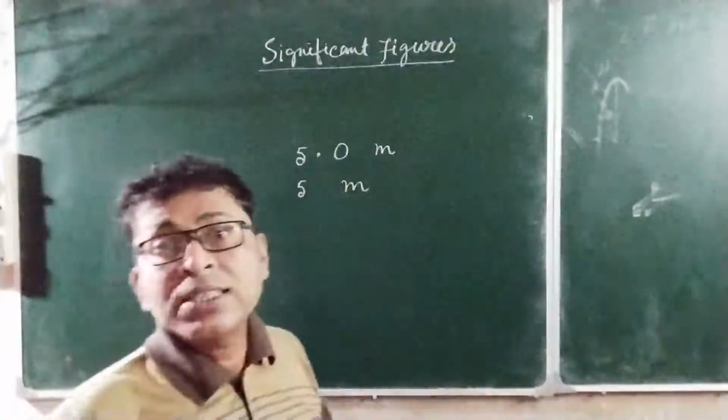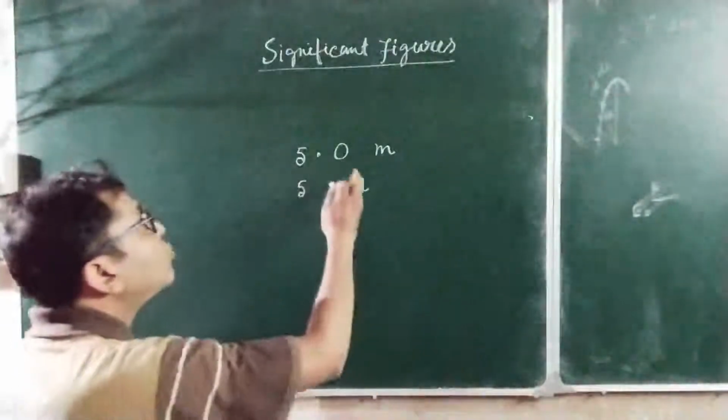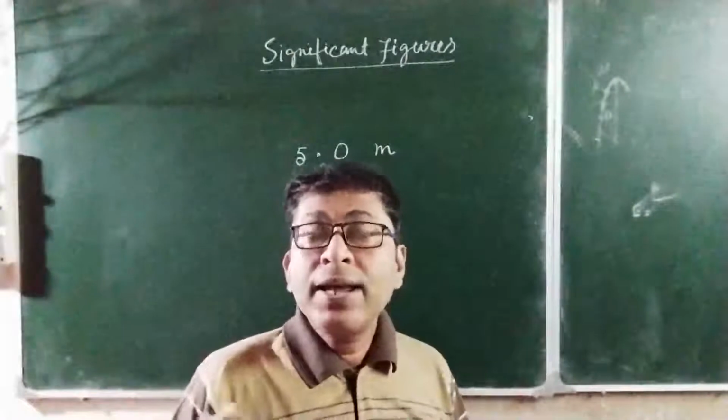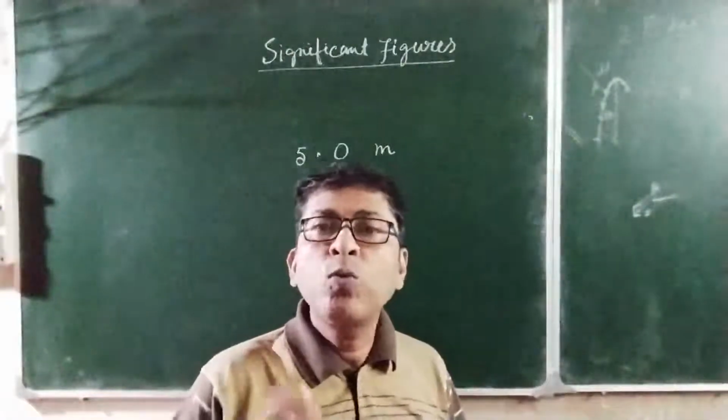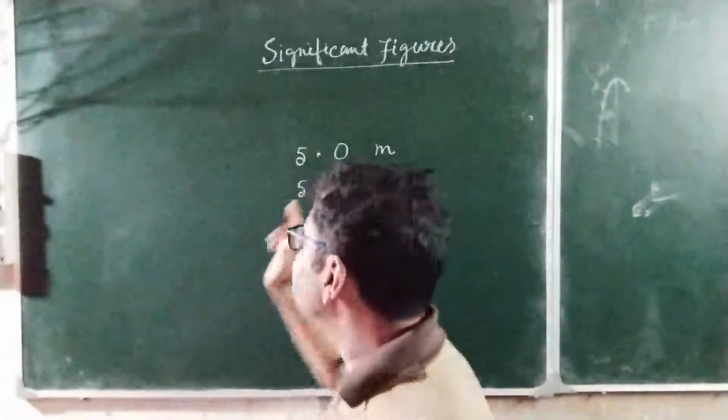That means the length is exactly 5 meter, not 5.2 or 5.13 or 5.6. It cannot vary, or we cannot vary it. The length is exactly 5 meter.